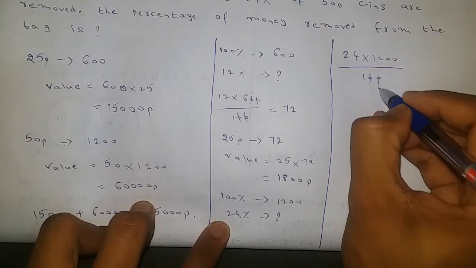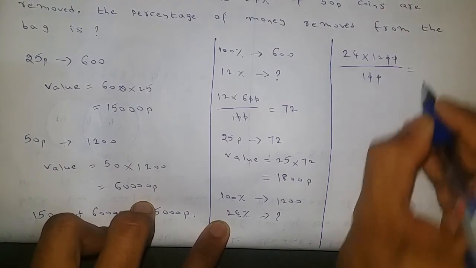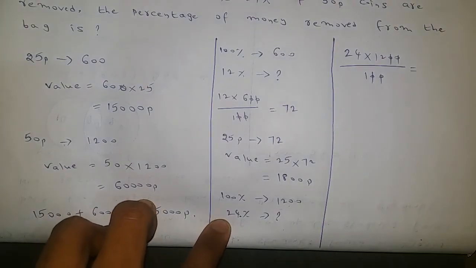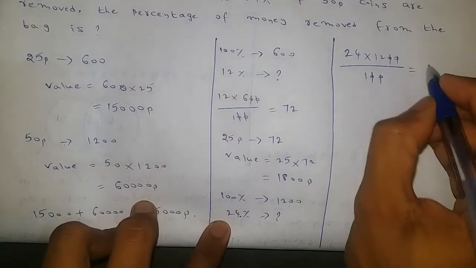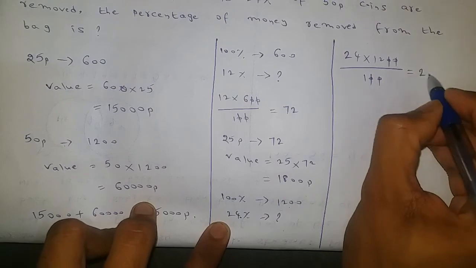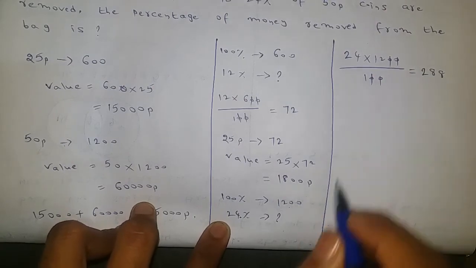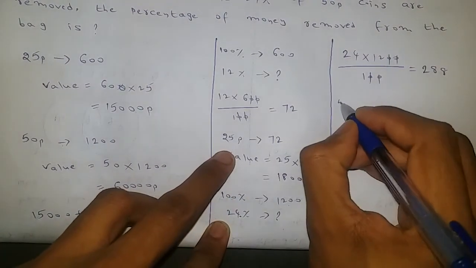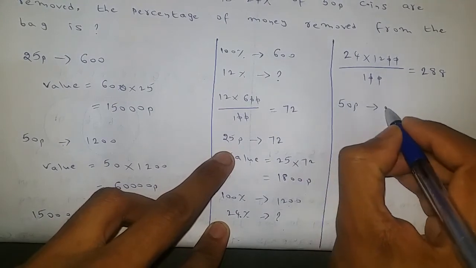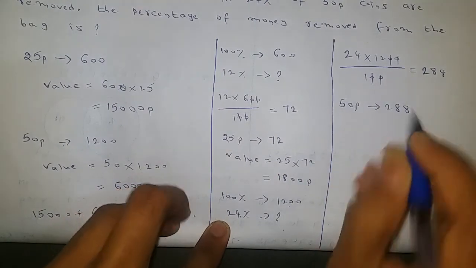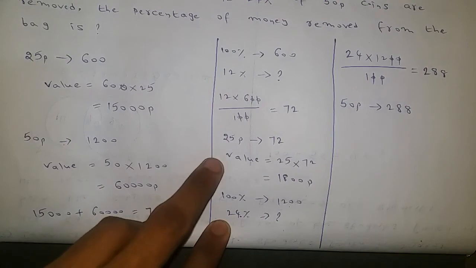Here two zeros, here two zeros get cancelled. So we remain with 24 into 12, that is 288 coins. It means 288 of the 50 paisa coins we are removing.